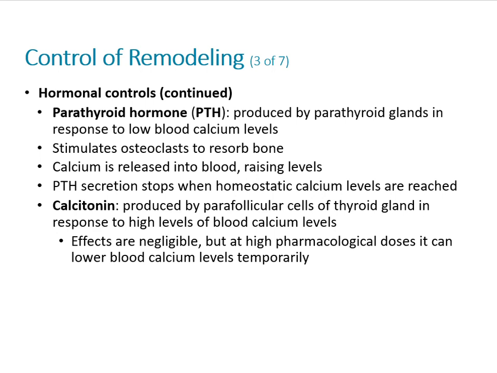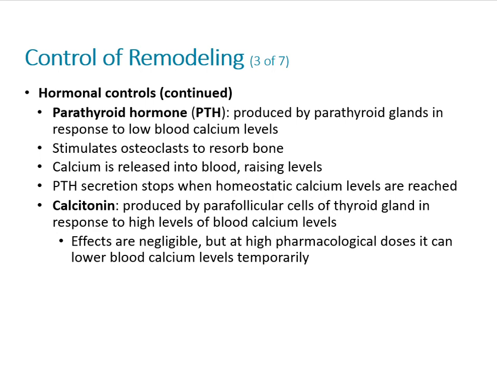There's also another hormone in the body called calcitonin, and it's produced by parafollicular cells of the thyroid gland, but usually only in response to really high levels of blood calcium. And its effects are mostly negligible, but you can use it in high pharmacological doses to lower blood calcium levels temporarily in someone who is maybe experiencing hypercalcemia.